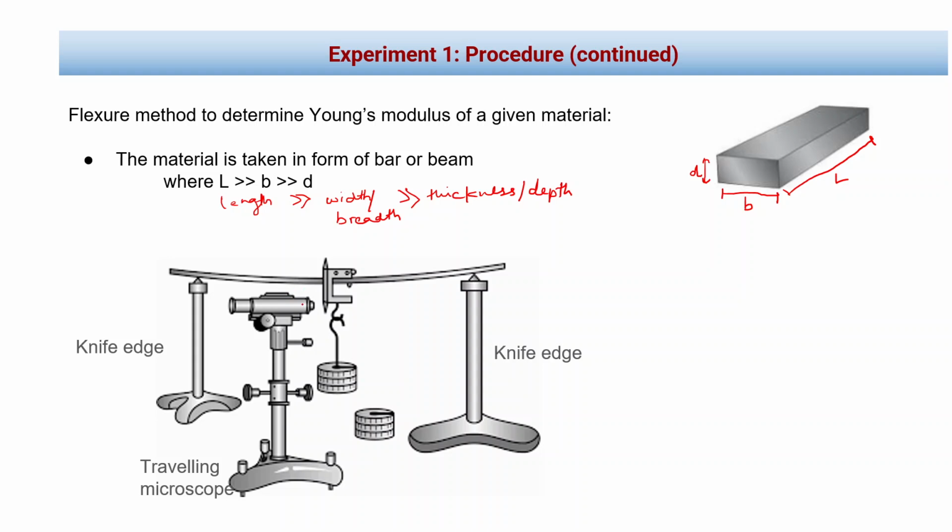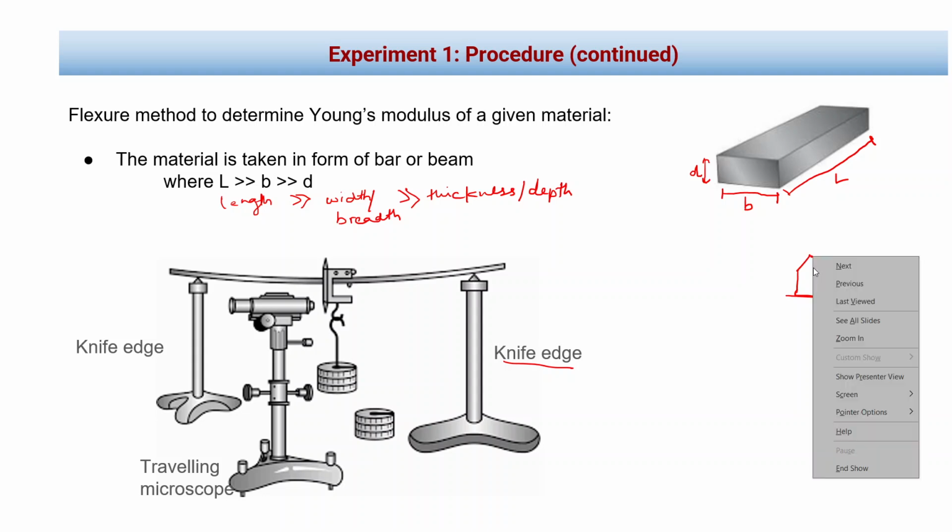Now how do we perform this experiment? These two are called knife edges. A knife edge is basically something like one end of a knife, which is sharp, so it is pointy, and below it can be anything like flat, so that we can keep it on a surface, but pointy at the top.